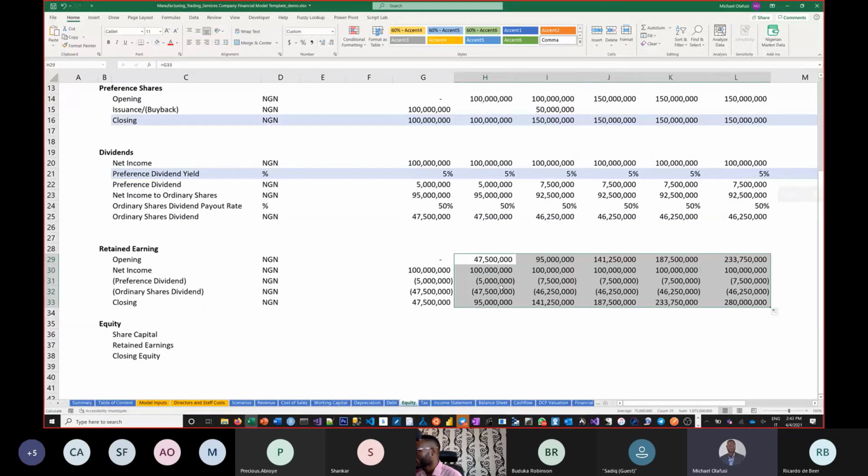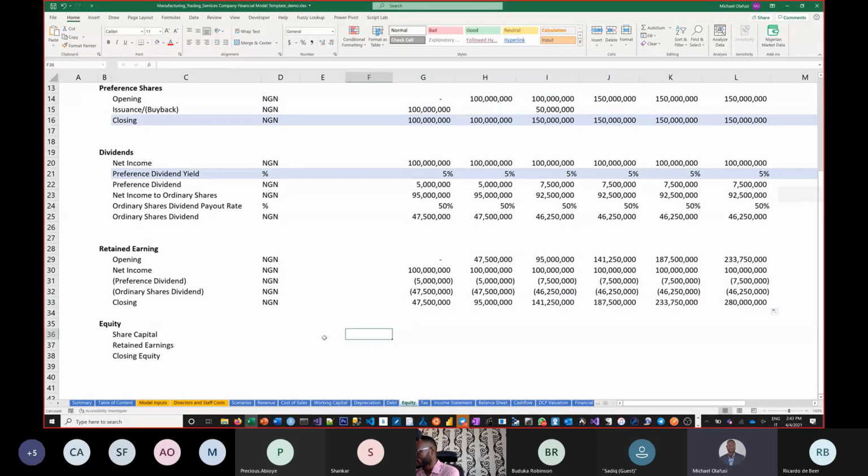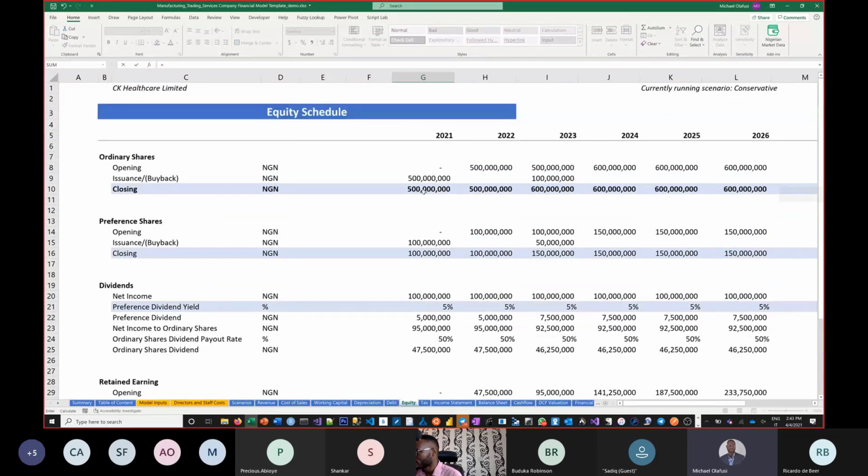So you see that as long as the company is profitable, the equity position will always keep growing. Why? The equity will always be, you take the retained earning and you add on top of the share capital. So let's do that together. The share capital is simply this plus this, all of the money we raised directly from investors.